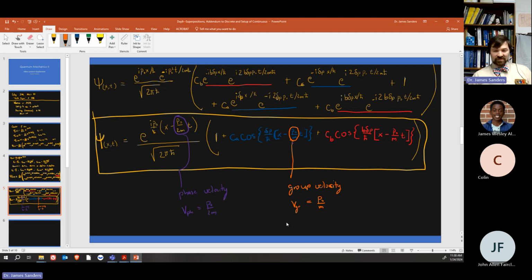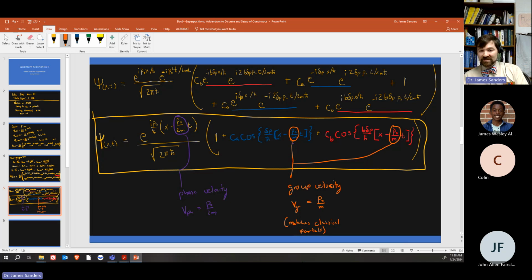And this matches a classical particle. Now, the neat thing here is that it not only matches a classical particle, but if we look at the other term, the term that we got by adding an additional peak, we get the same value here. So we get the same group velocity term.